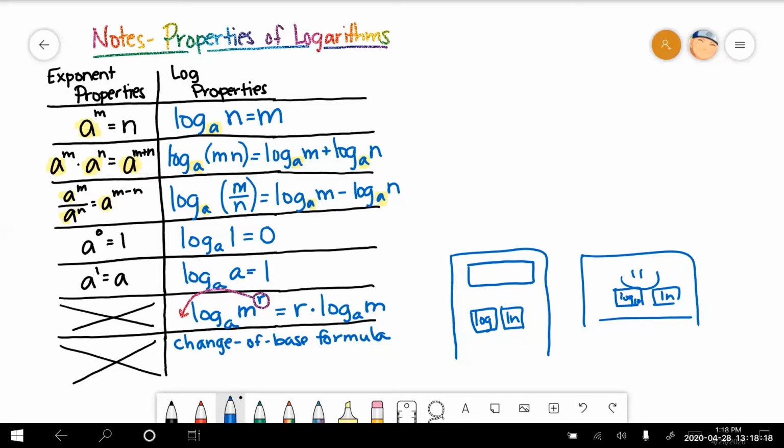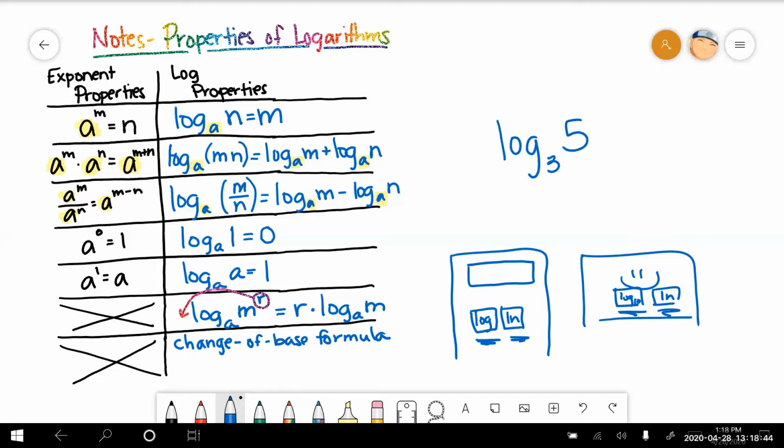And so the log button is base 10. And remember, in the last video, we talked about that being pretty typical. The ln refers to log of base e, which again was an irrational number that we talked about in the last video.